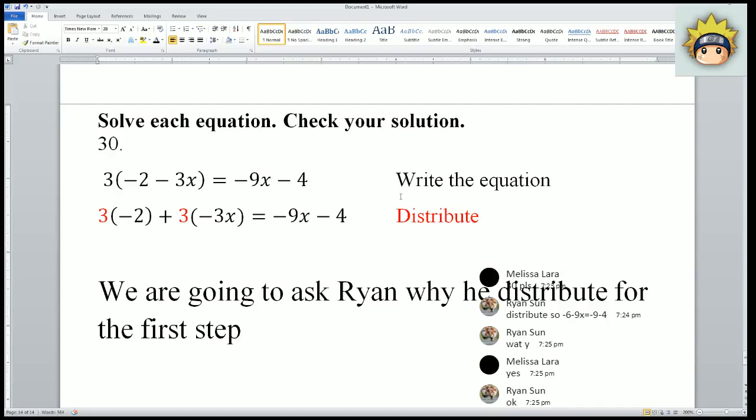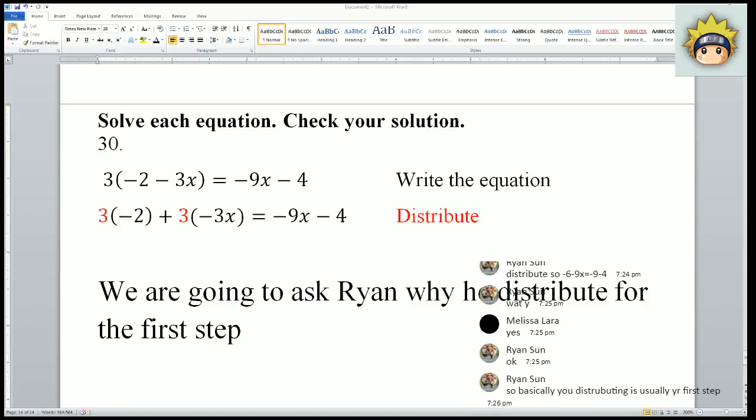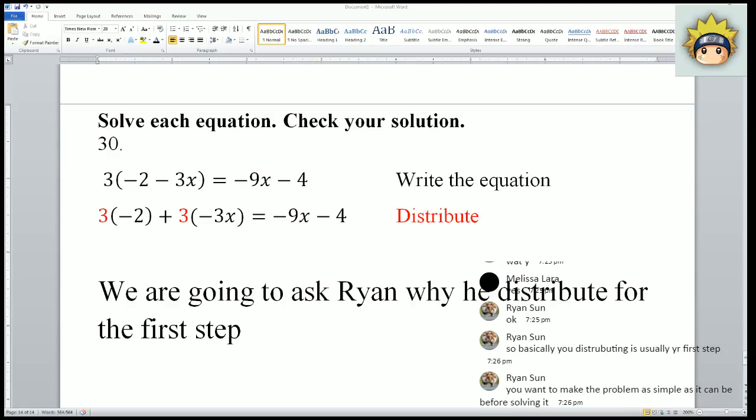Why do you distribute? But why is it the first step? It's not... so basically you distribute, it's usually the first step. Well, that's not a mathematical reason. What is the mathematical reason on why you distribute for the first step?